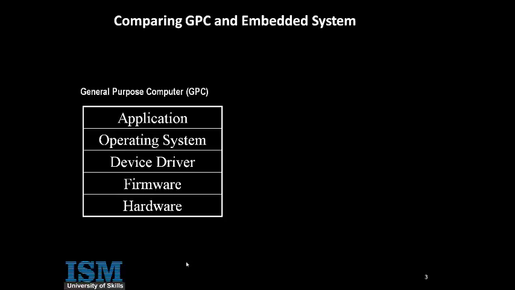Remember, the first time when we started understanding a computer, we put a block diagram: CPU connected with input unit, output unit, and memory. Essentially, we represented the hardware of a computer.